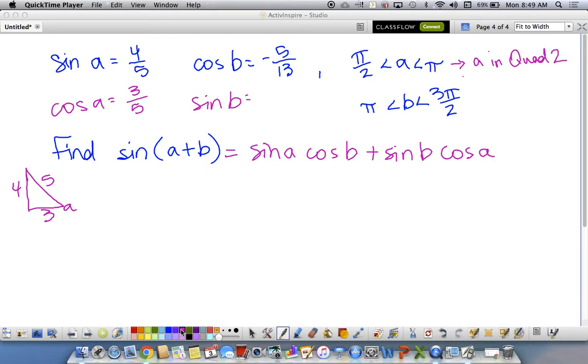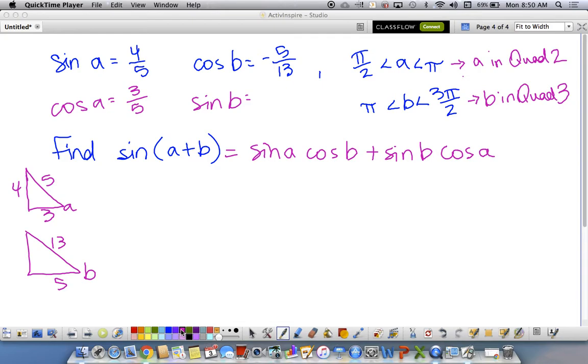Okay. Do we want to go ahead and think about the next one as we're doing B? What does this mean? Between pi and 3 pi over 2. B is in quadrant 3. Okay. So now sine B, if we're drawing a triangle for sine B, we know the adjacent is 5.